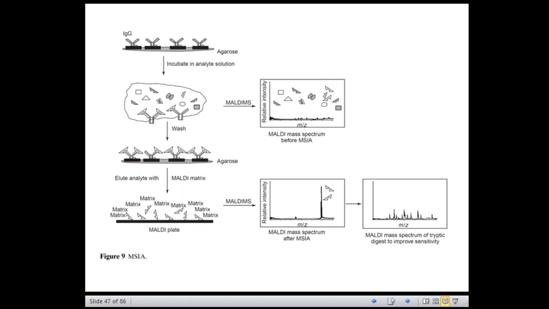So this MS immunoassay, as shown in the figure, relies on the affinity capture, that is antibody antigen recognition, of the analyte from the biological matrix prior to mass spectrometric analysis. Right. So as I said, prior isolation of the analyte from the fluid is very necessary.